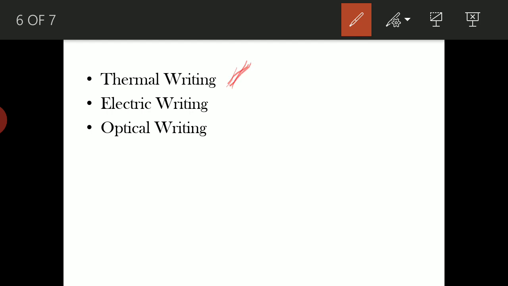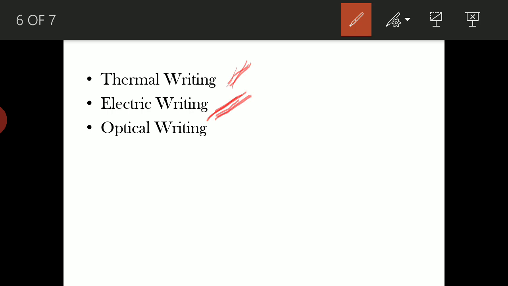And in electric writing, electric methods will be used. The paper used in this method is a special kind of paper. It will have a base which is coated with some kind of dye, and over this base an aluminum film is coated.